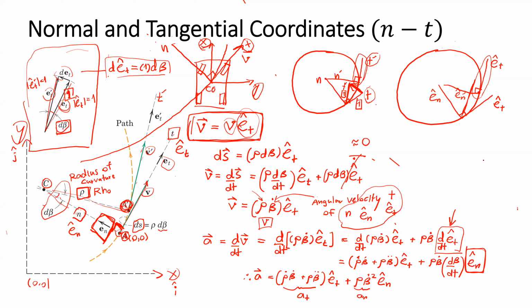Because we want to write the unit vector eT, which is the original one, and eT prime, which is the unit vector of the tangent after it moves, and the delta of the eT will be this. The delta of the eT will be this.